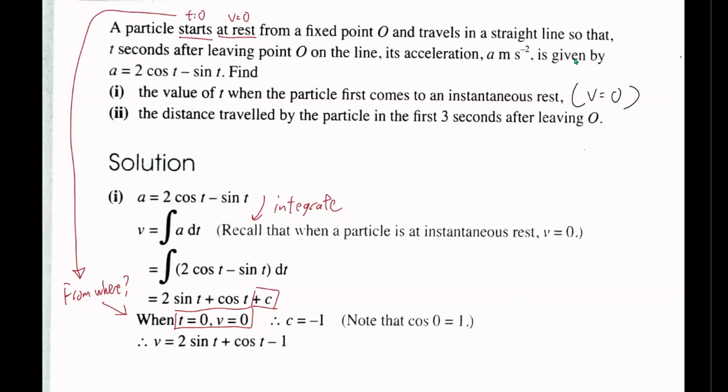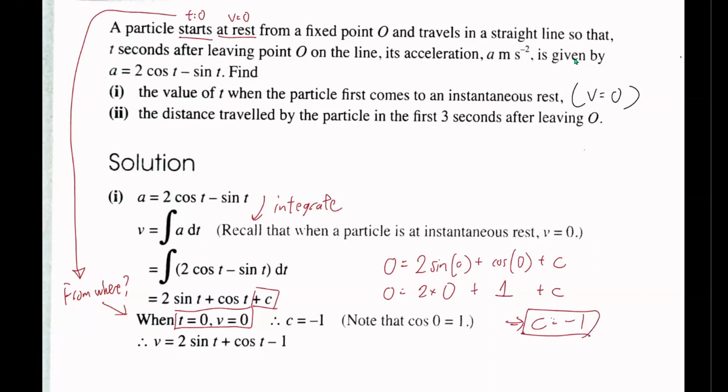So after you have t equals 0, v equals 0, substitute in. We get 0 equals 2 times the sine of 0 plus the cosine of 0 plus c. Then you can calculate: 0 equals 2 times 0 plus cosine 0 is 1, plus c. From there, c equals -1.